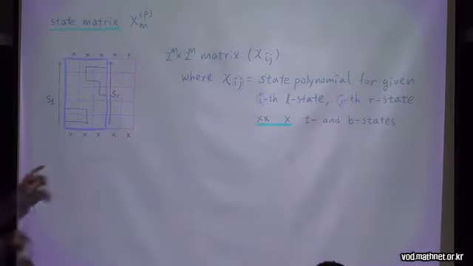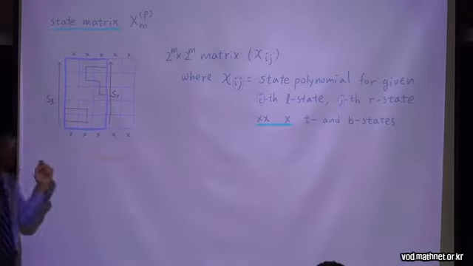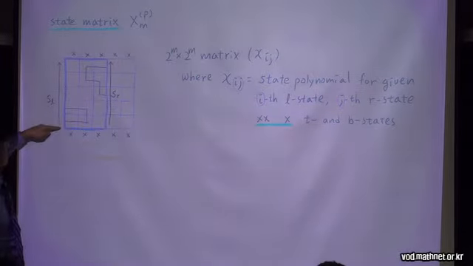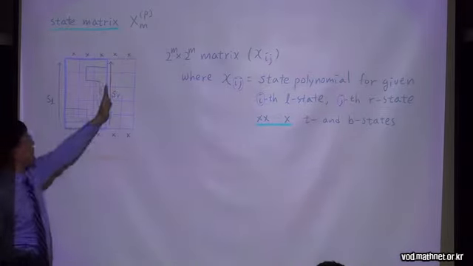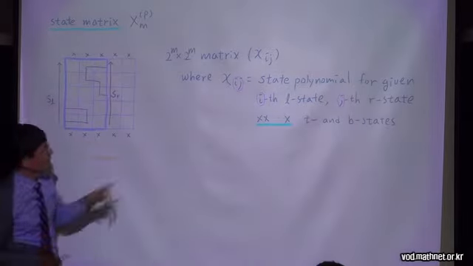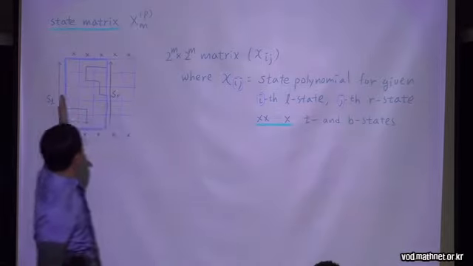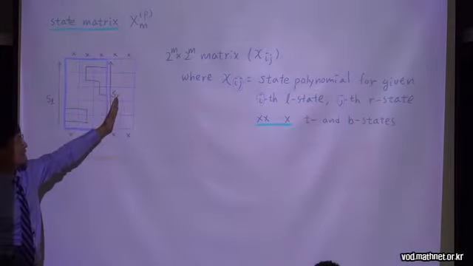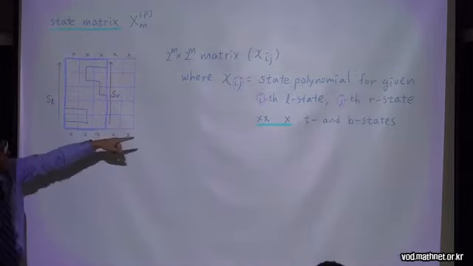And this matrix must have the size 2^m times 2^m, because there are 2^m choices of states on the left and on the right. And each entry indicates the state polynomial for the given i's L state and j's R state. And the difference is that the top state and bottom state must be X.